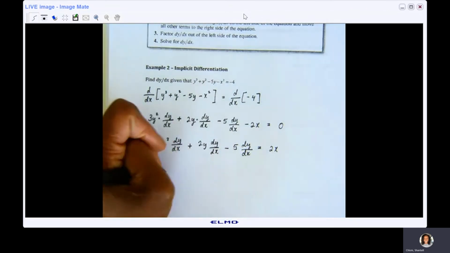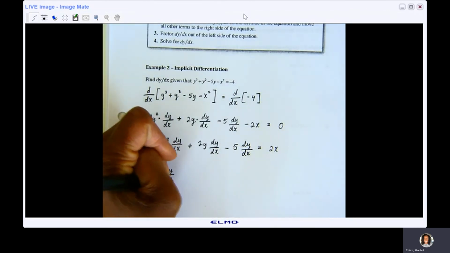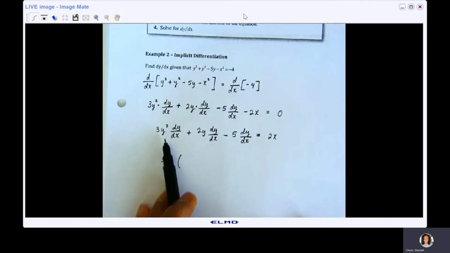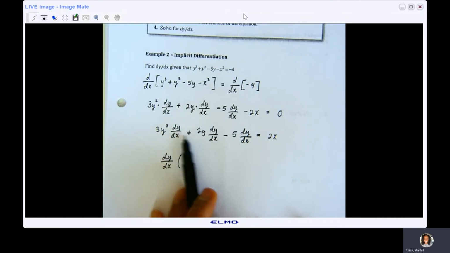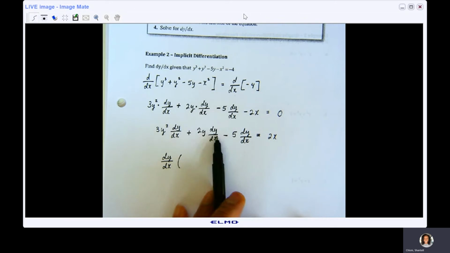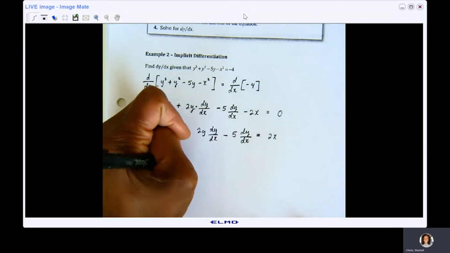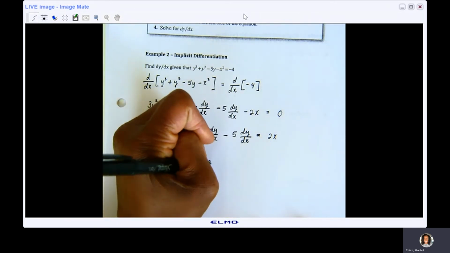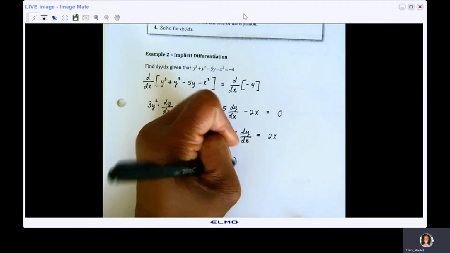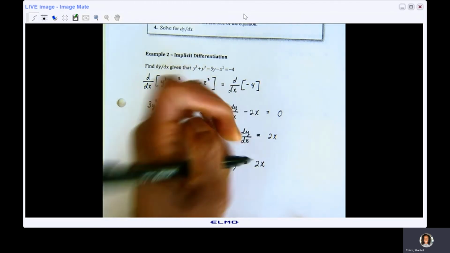Now I'm going to factor out a dy over dx, and leave in the parentheses what's remaining. I'm factoring out dy over dx from all three terms. So that leaves me with 3y squared plus 2y minus 5 equals 2x.